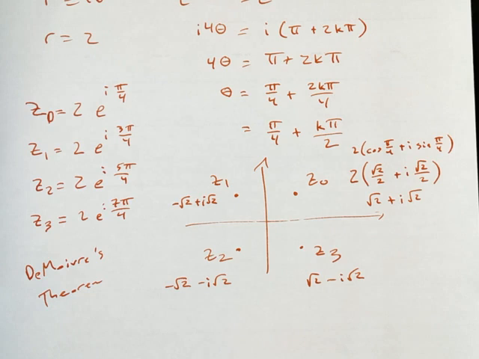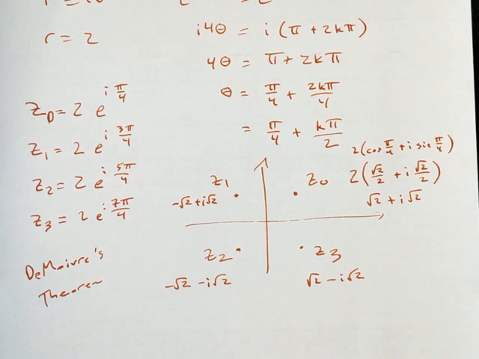Is this set closed under multiplication? What do you mean closed? Like, if you multiply Z0 and Z1, you still get one of the z's. That's exactly what I mean.